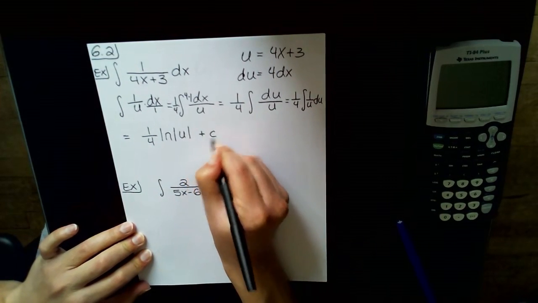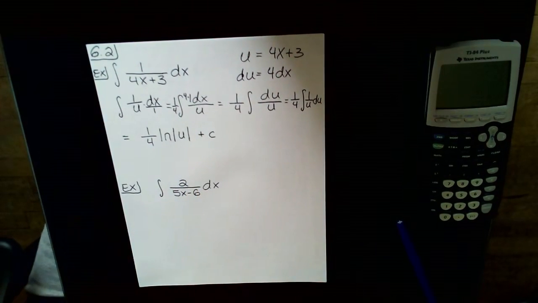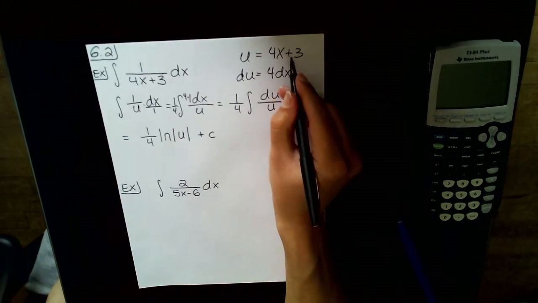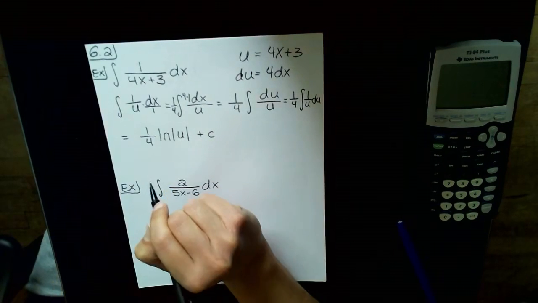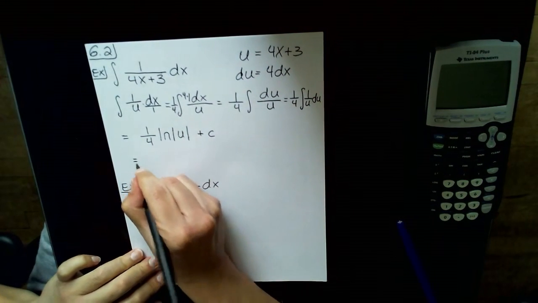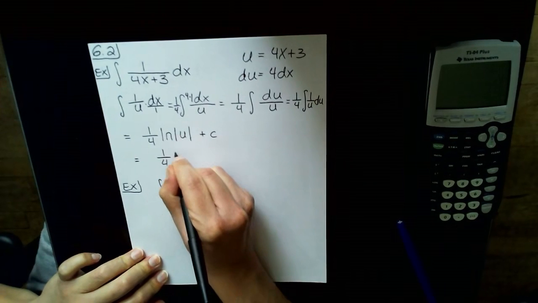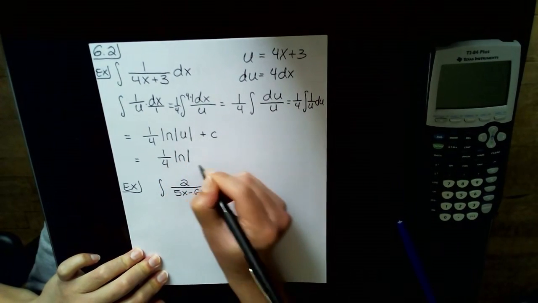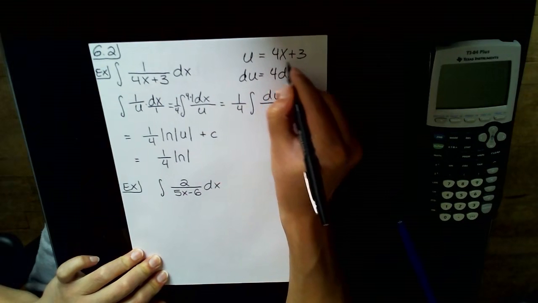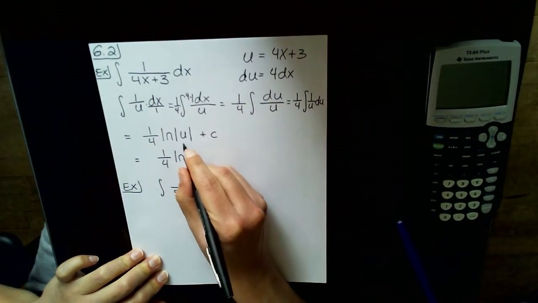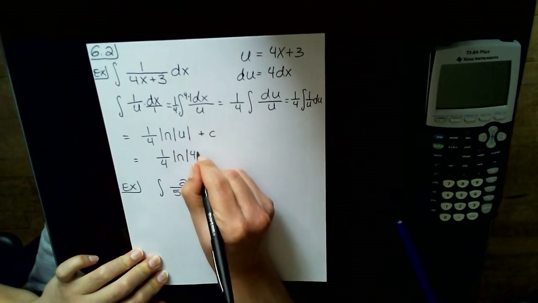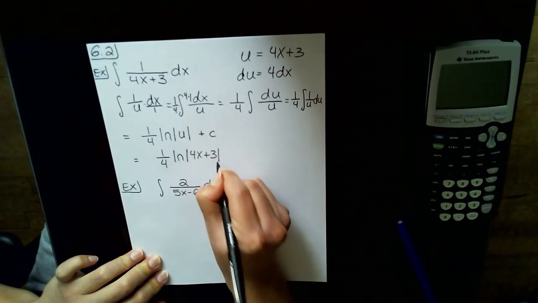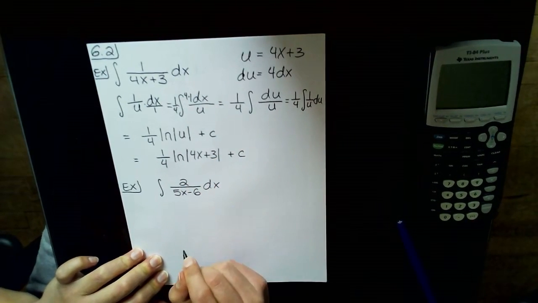And again, always remember the plus c. And with this, we can now move on to the last step, which is to substitute u back into the problem. So we get 1/4 times the natural log of the absolute value of 4x plus 3 being plugged into u, plus c.